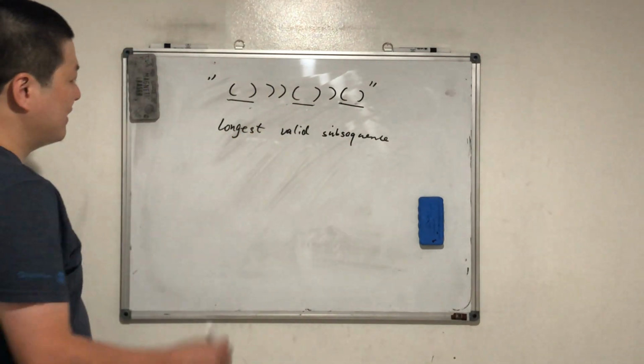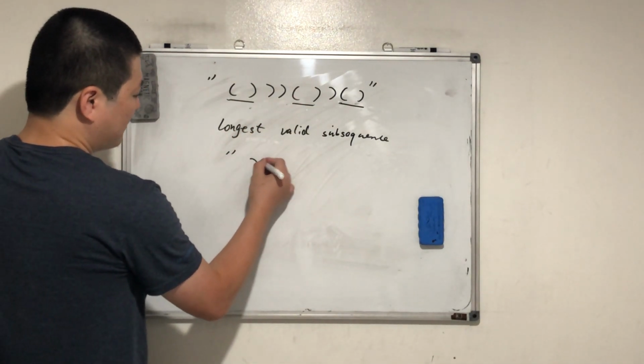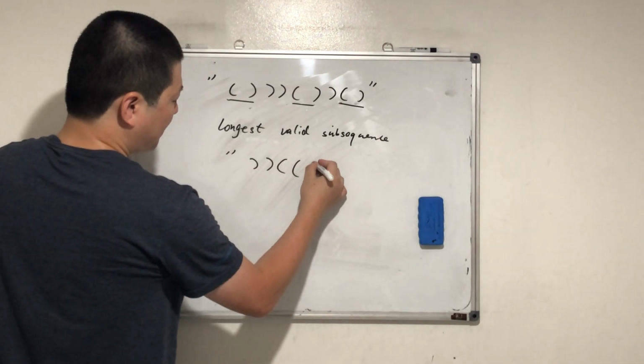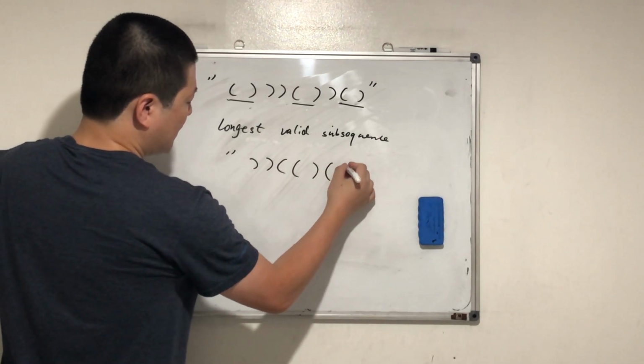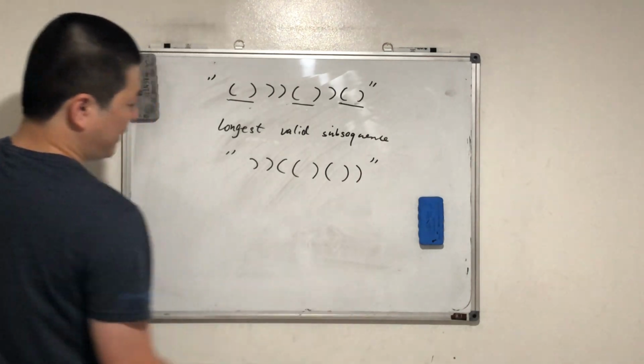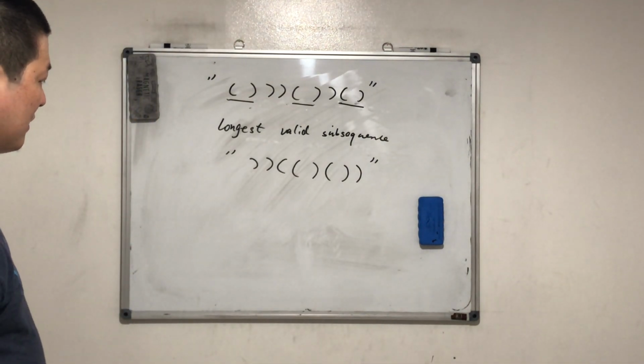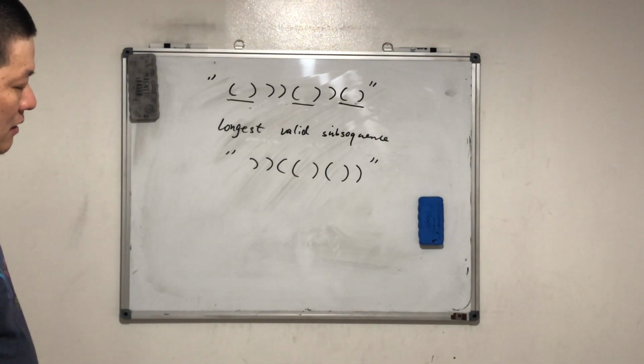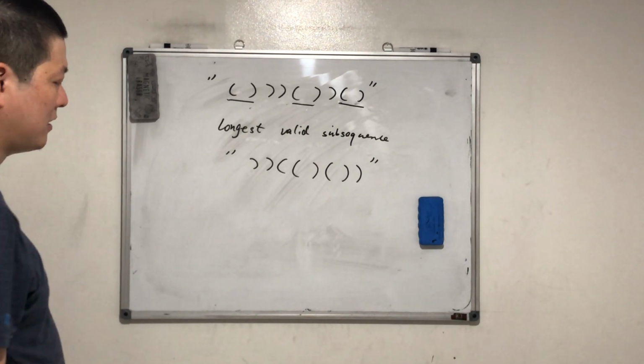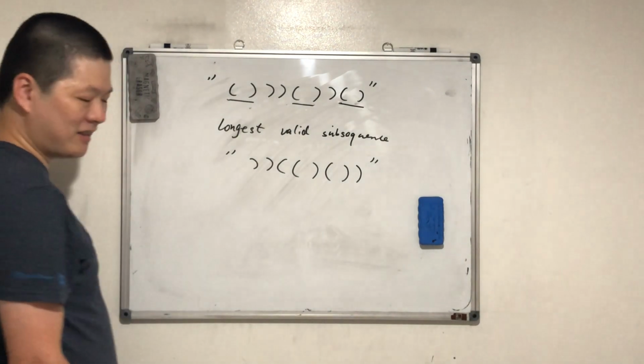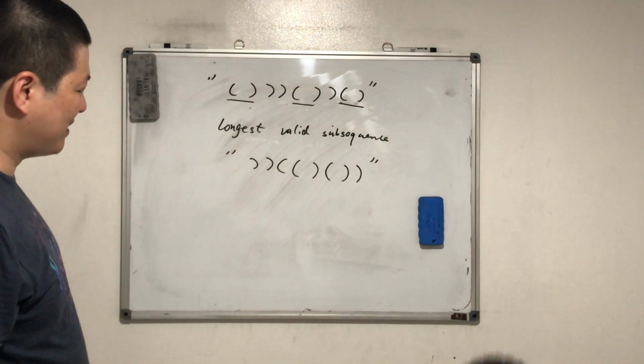Okay, got it? And another example. How many? 2? No, 4. Think about it.